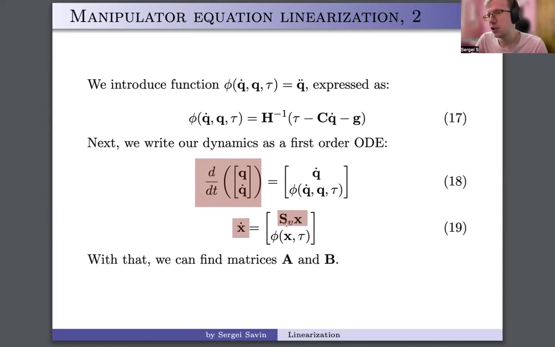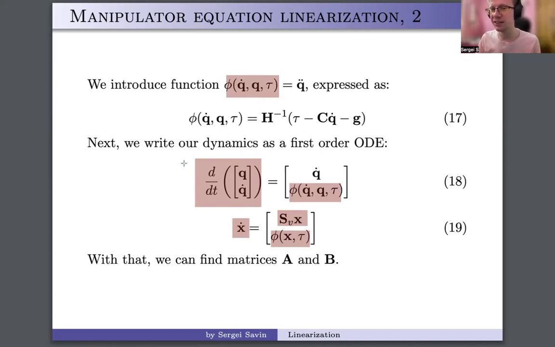So now it looks natural. That is the way we do it. And this guy here can be rewritten in terms of state variables. So it can be rewritten as phi of X, tau, right? Same function, just in terms of X, not in terms of Q.